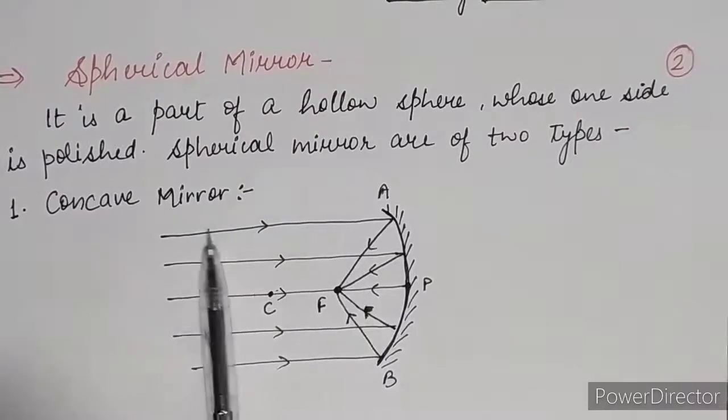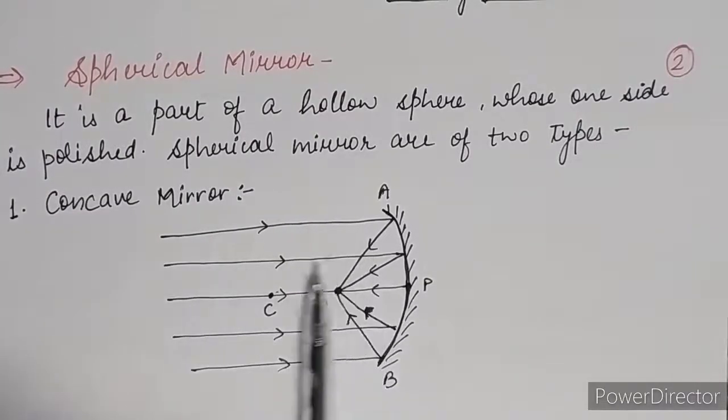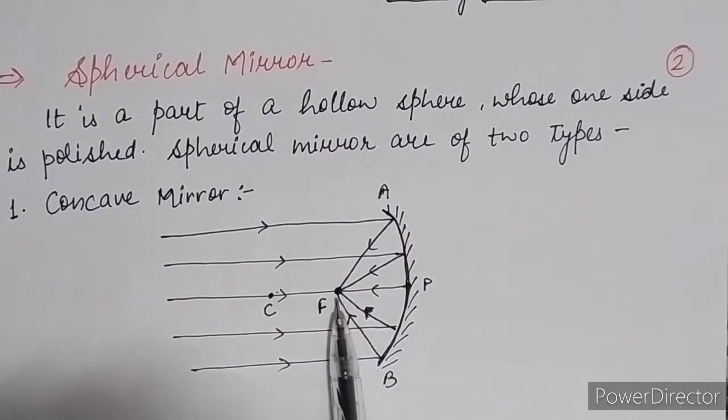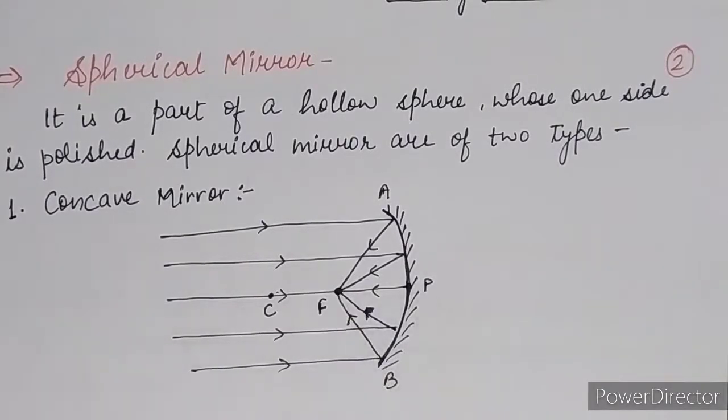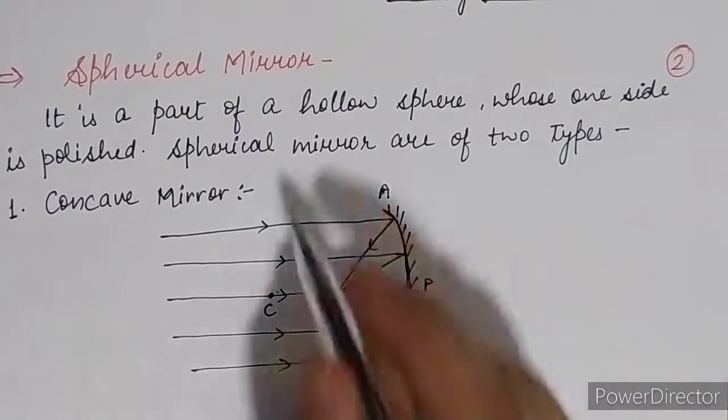When the light rays are incident on the reflecting surface parallelly, it converges all the parallel rays at a point, so it is also known as the convergent mirror.